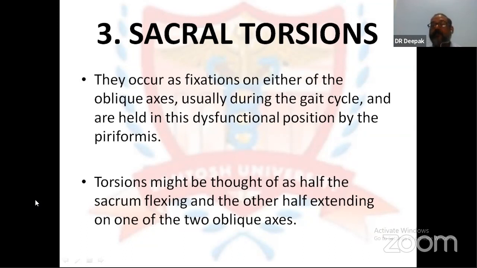As we discussed, there is one right oblique axis and a second left oblique axis. When we look at the sacrum from the posterior direction, we are seeing the patient's back side. From my side, my right hand is the patient's right oblique axis, and my left hand is the patient's left oblique axis. Okay, so in torsion, half of the sacrum is flexing and half is extended in one of the two oblique axes.